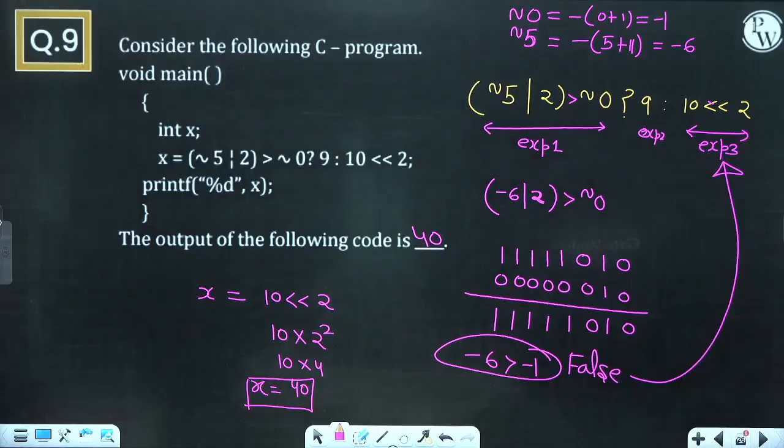How many of you are wrong? Is there anyone who predicted the answer correct? Tell me.